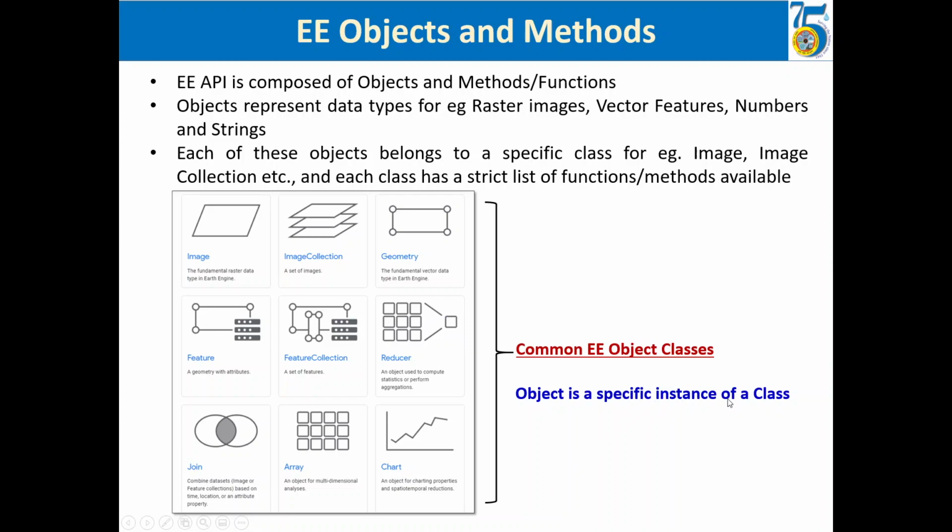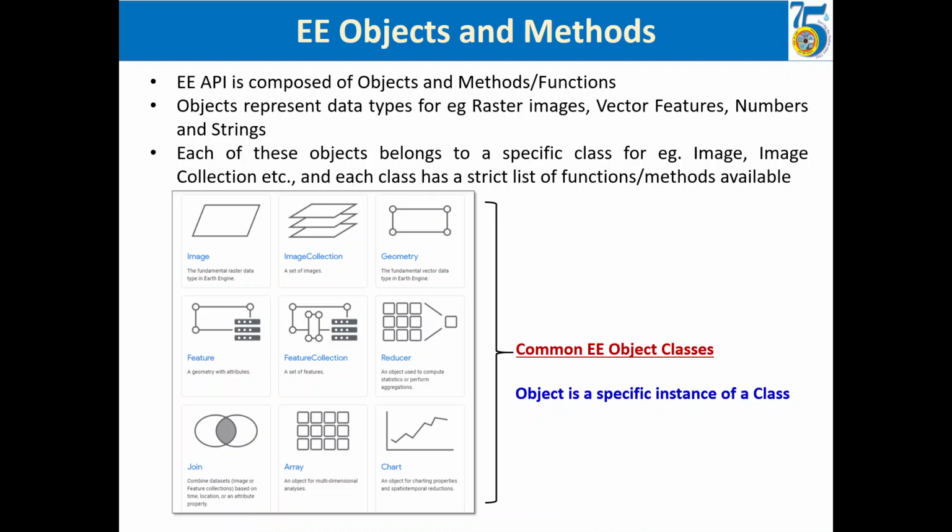any specific instance of a class. For example, a specific instance of an image or image collection, they are image objects and image collection objects. A specific instance of a feature object class, Earth Engine feature object class, is a feature object.